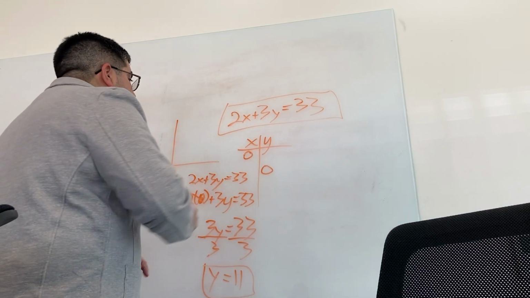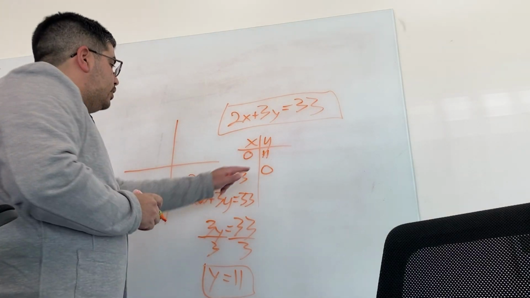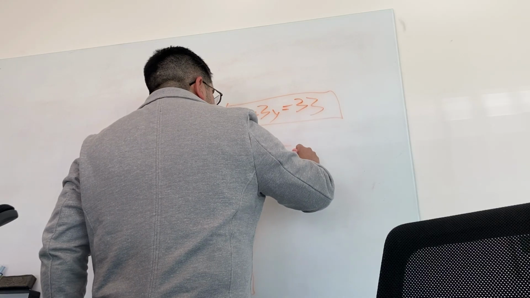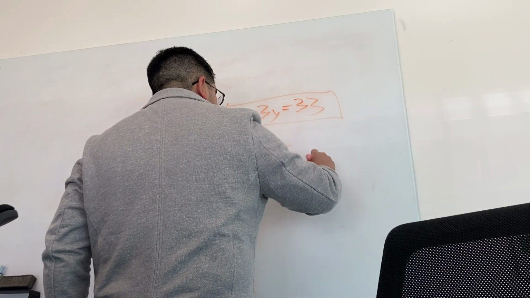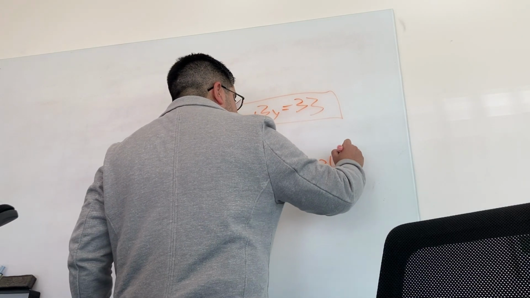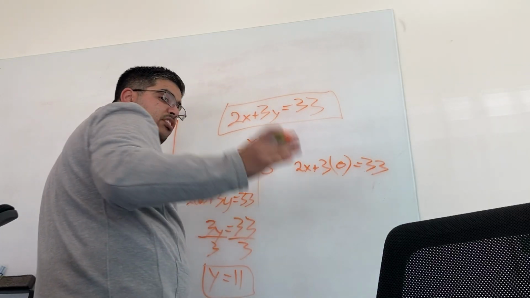Cool. And then next we have y equal to 0. Let's do that one over here. 2x plus 3, and then we're going to plug in the 0 for y, equals 33. 3 times 0 is 0, right?